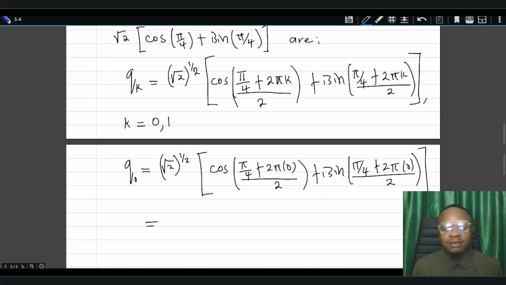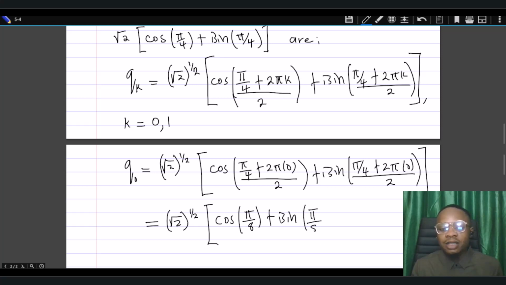And what does this give us now? This is still root 2 to the power of 1 over 2. You can write it as 2 to the power of 1 over 4 anyway. Then into cos of pi over 4 plus 0, then divided by 2, so that is pi over 8. So this is cos pi over 8 plus I sine pi over 8.